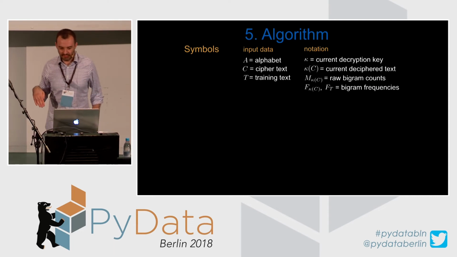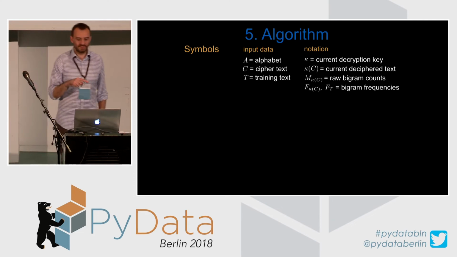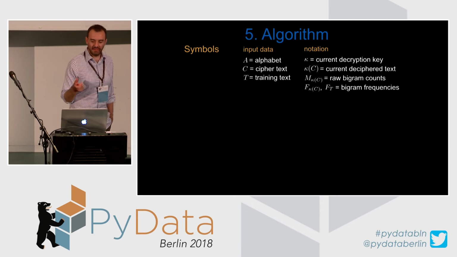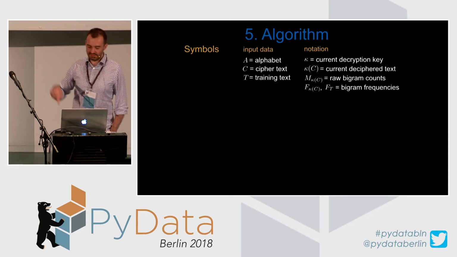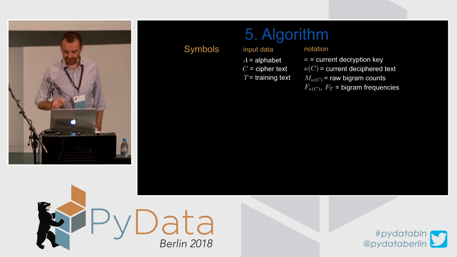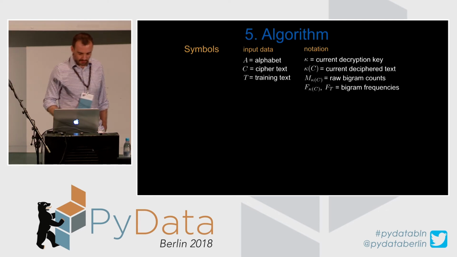That's all that means. Remember, K applied to C is therefore the current deciphered text. And the only new notation there is M and F, which are bigram count and bigram frequency matrices. So there'll be 2x2 arrays, and for any pair of letters, they'll have an entry telling you how frequently those letters occur in either the deciphered text or the training text.